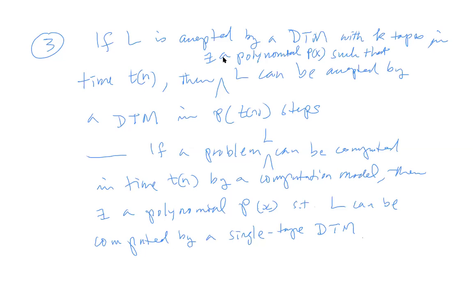Okay, so now after we have this time measure, we can further stipulate that they are equivalent within a polynomial time bound, in P of T of n time. Okay, and polynomials have other nice properties, and some of those are used in cryptography.